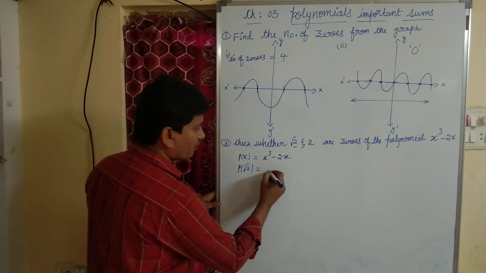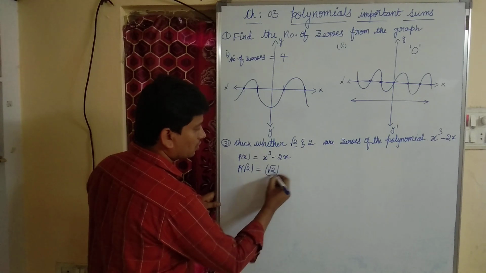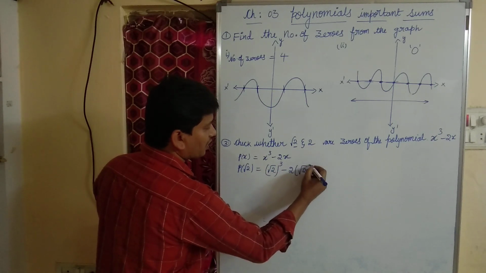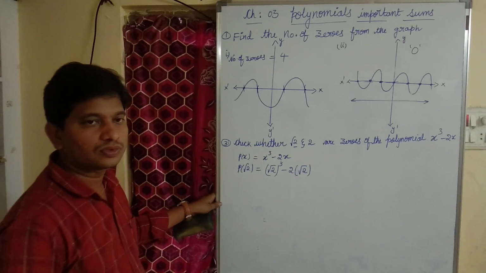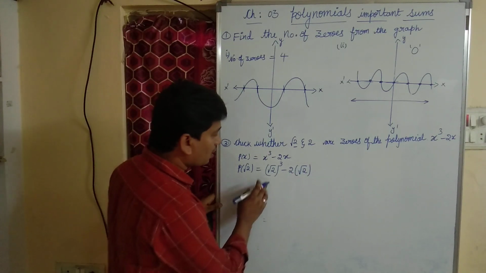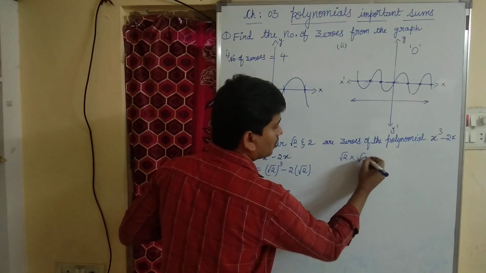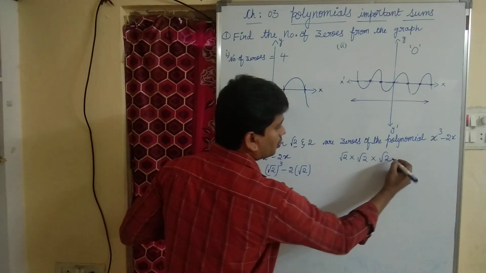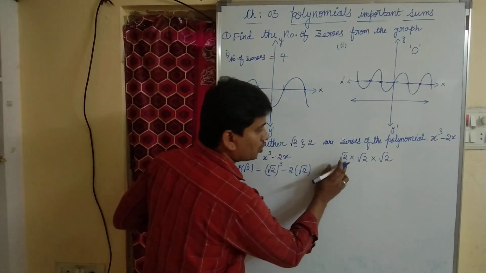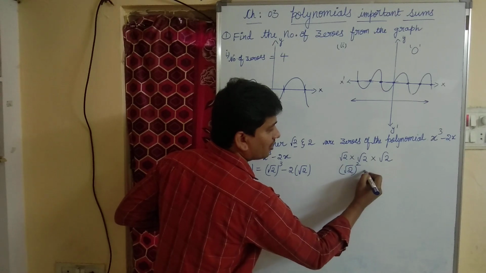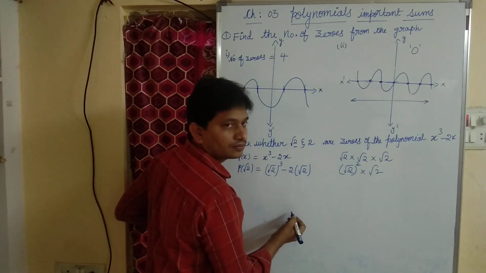p of root 2 is equal to, in place of x we need to substitute, root 2 whole cube minus 2 into, in place of x we need to substitute root 2. You know children, what is the meaning of root 2 whole cube? I mean root 2 into root 2 into root 2. So root 2 into root 2 whole squared into root 2.